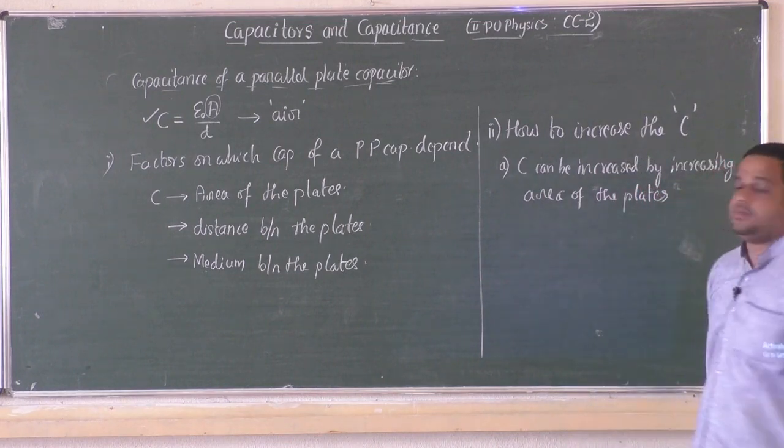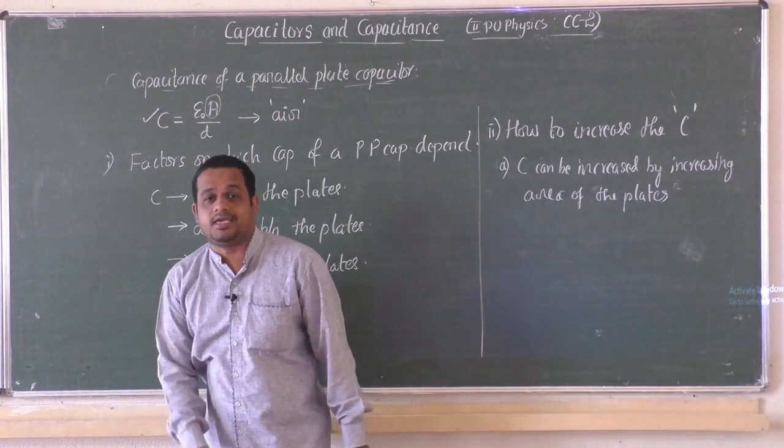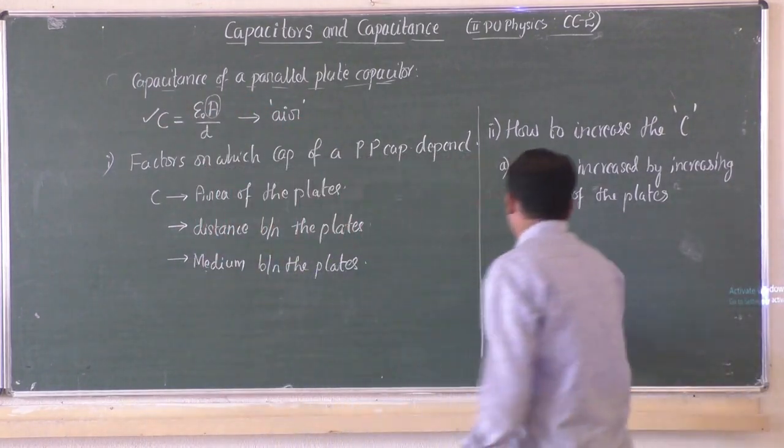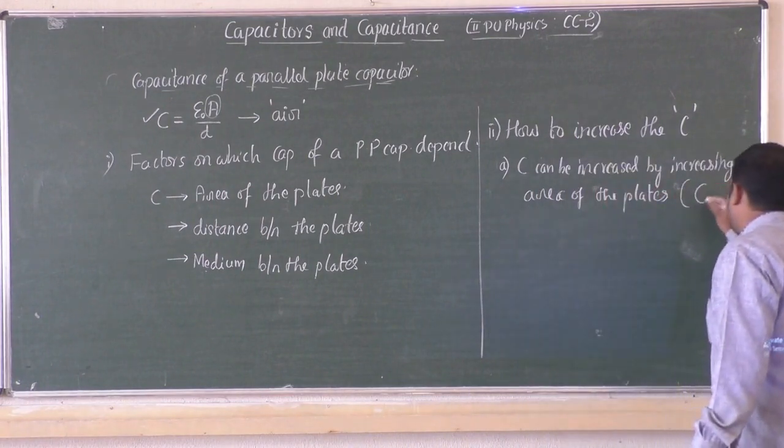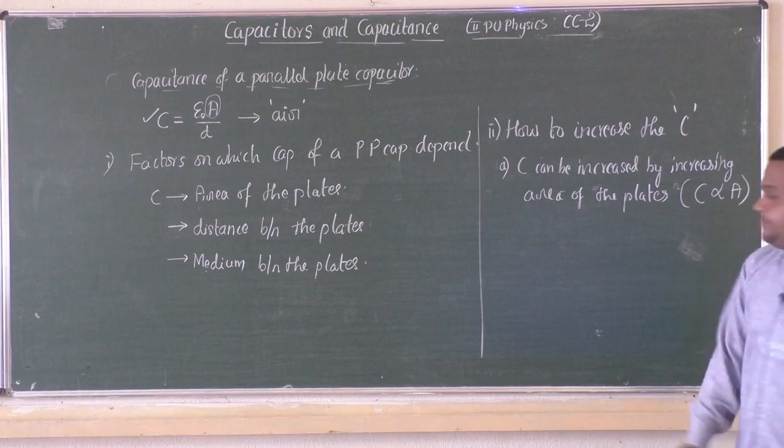If A value is increased, then automatically capacitance value increases. This is because capacitance of a parallel plate capacitor is directly proportional to A.